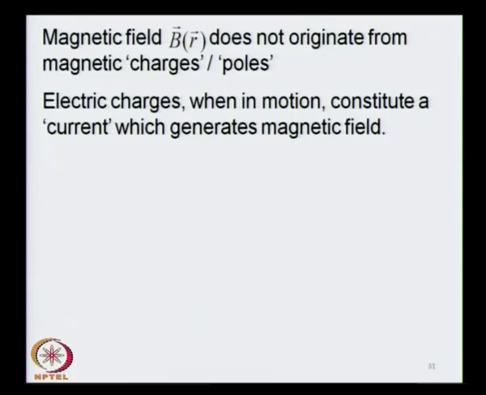But magnetism results from the electric charges when these are in motion. Now, this is classical electrodynamics, mind you. In quantum mechanics, magnetism could originate from the spin angular momentum, for example. Okay?